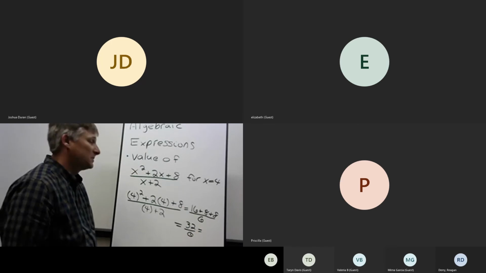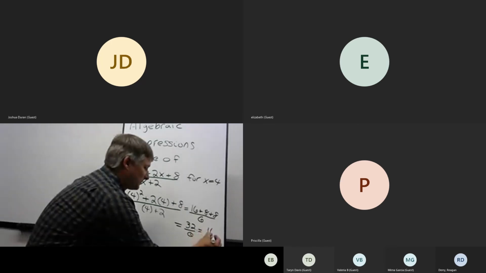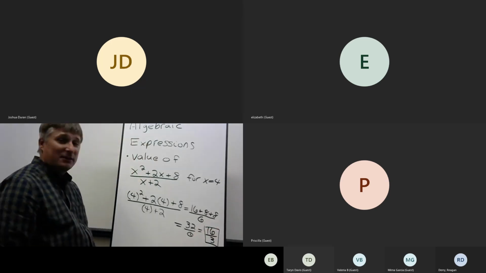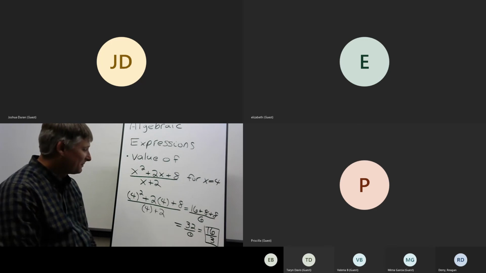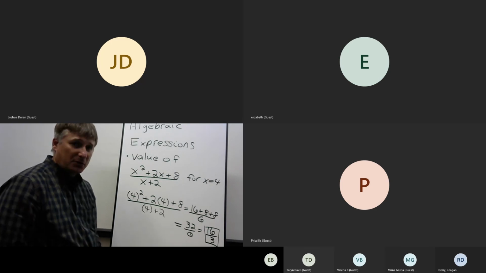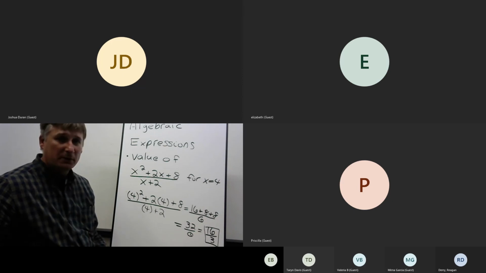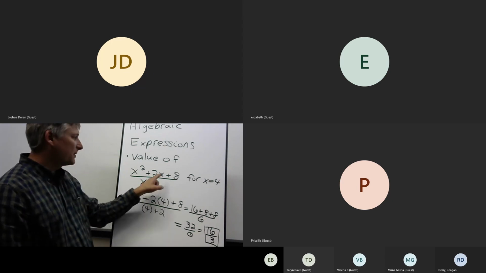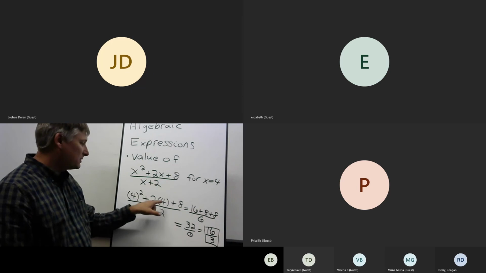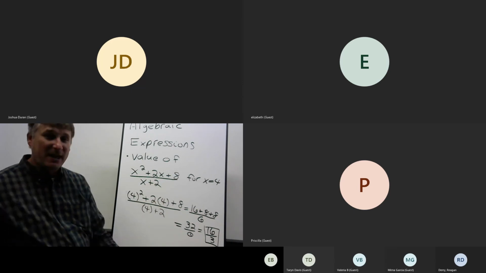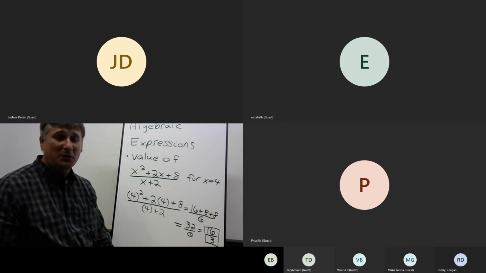We'll get 16 over 3, a nice and proper fraction. So that's the idea of algebraic expressions. You're just going to replace the variable with some number, and just remember this is 2 times the variable. So we want 2 times whatever number we replace x with. And that's it. Any questions?